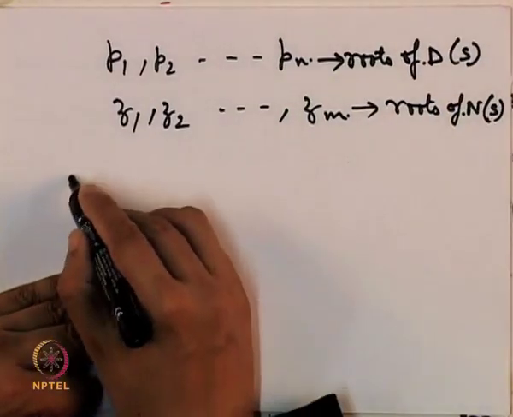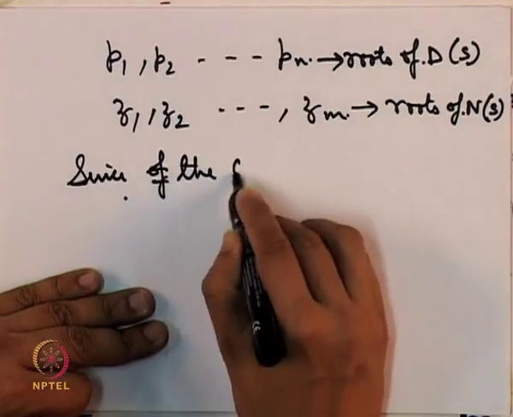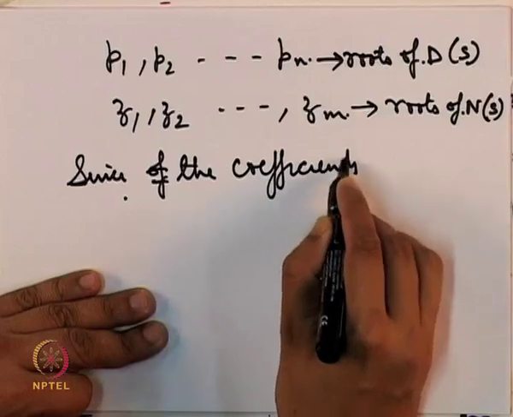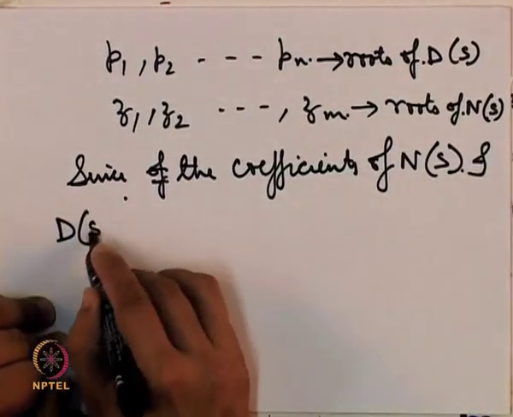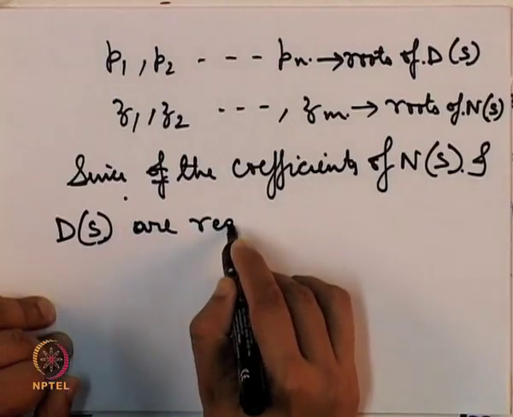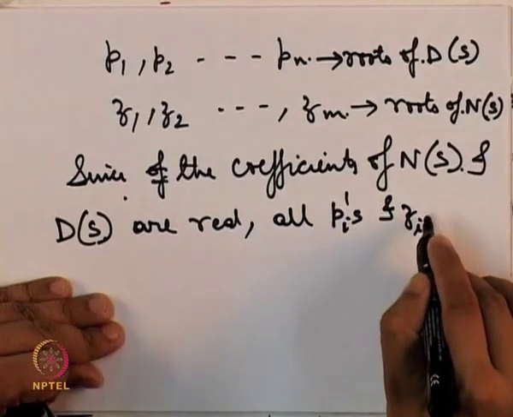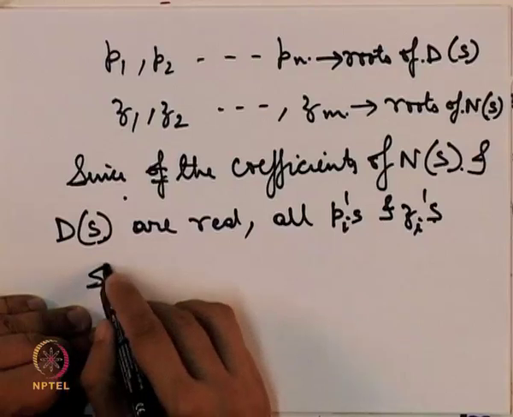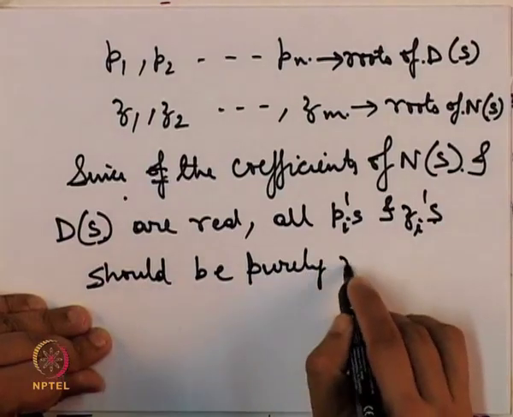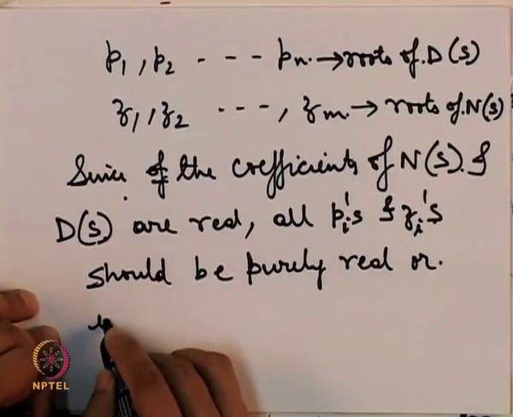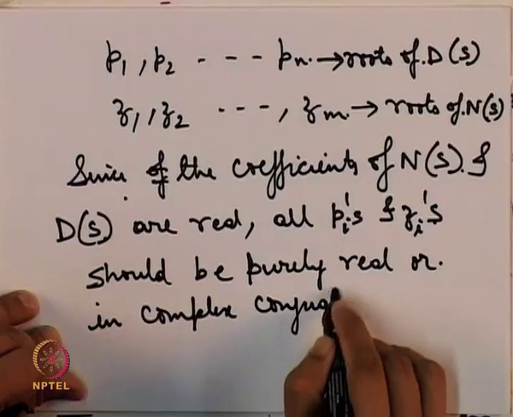Since the coefficients of N(s) and D(s) are real, all pi's and zi's should be purely real or in complex conjugate pairs.